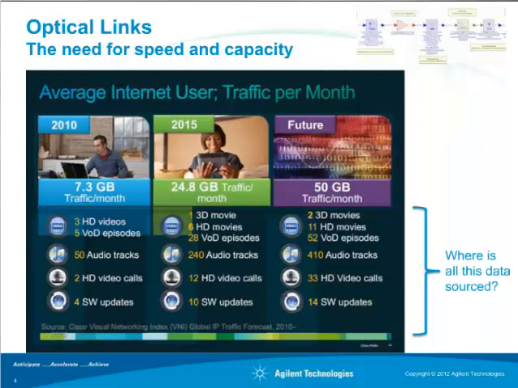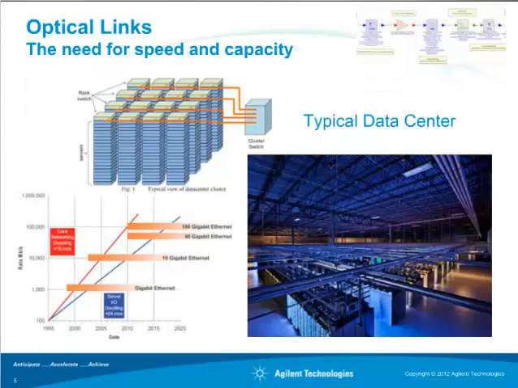We're using more and more digital media. Interesting, though, is to think, well, where is all this media sourced? Where is all this data served to us, and what are the implications there? Data centers like the one you see here are springing up all over the country and all over the world, and these are centers which serve this tremendous amount of bandwidth.